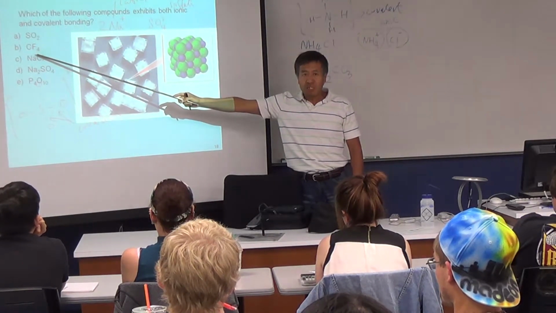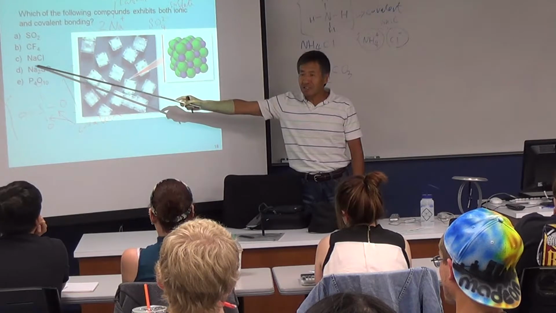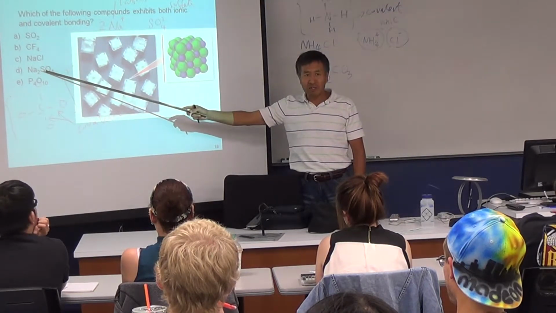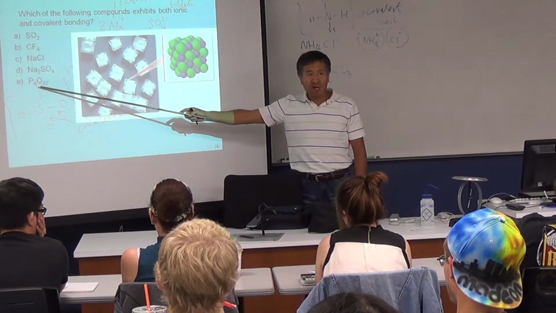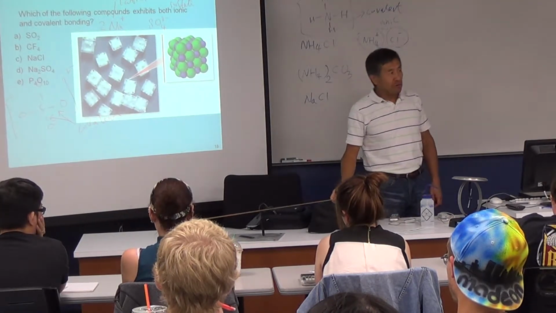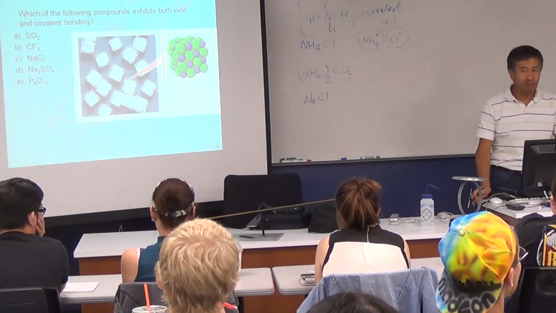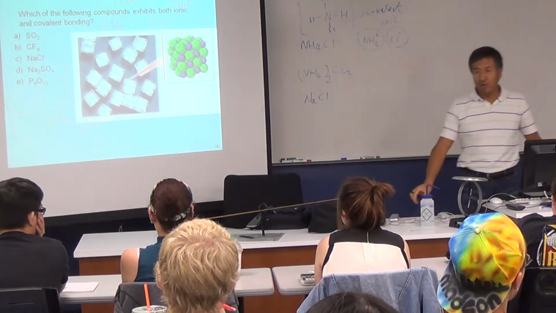In this CF4 only covalent. In this NaCl only ionic. And in this one only covalent. So that's how you study the bonds. Any questions?